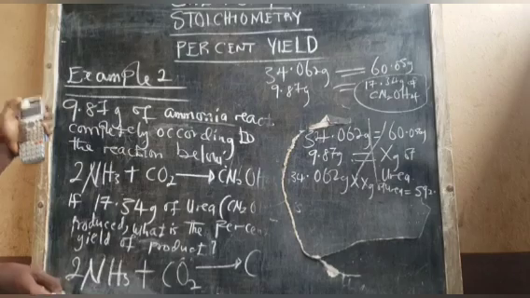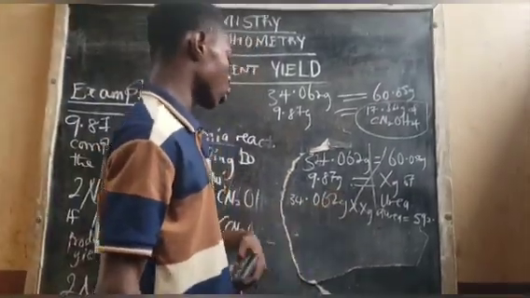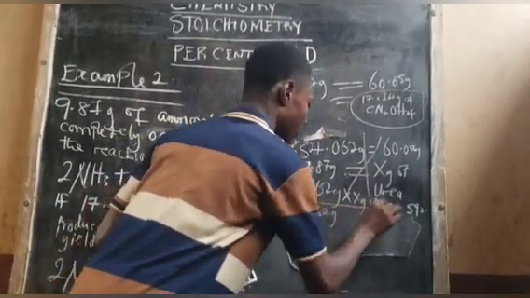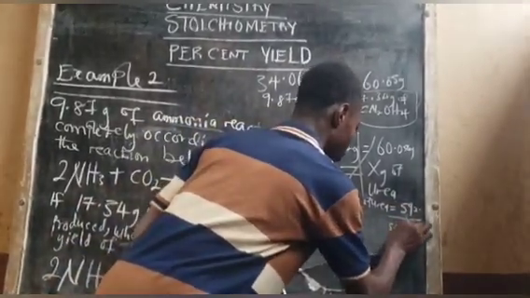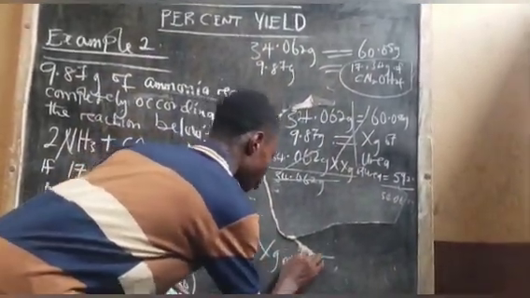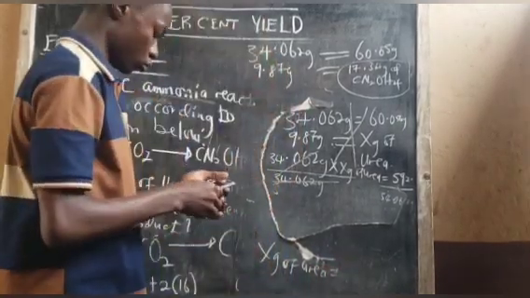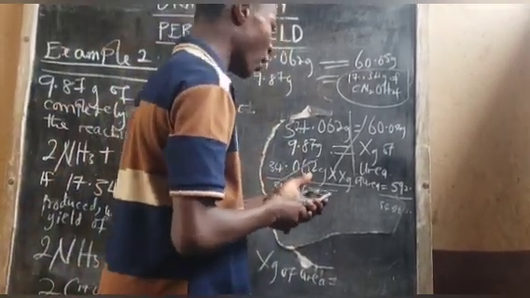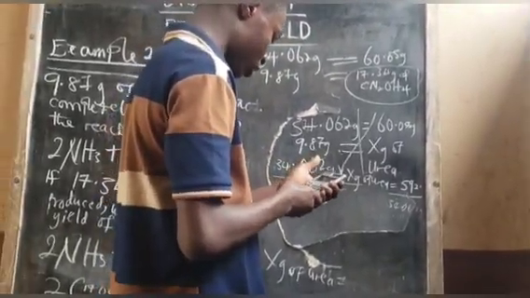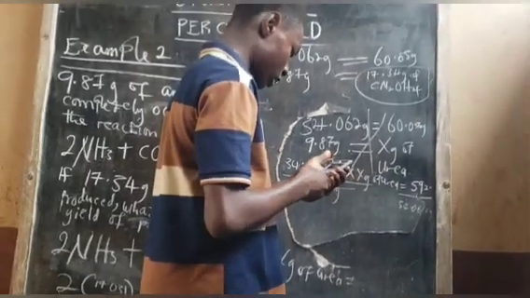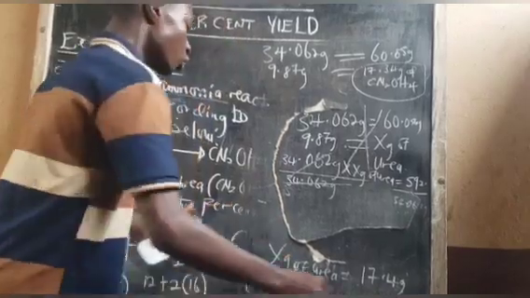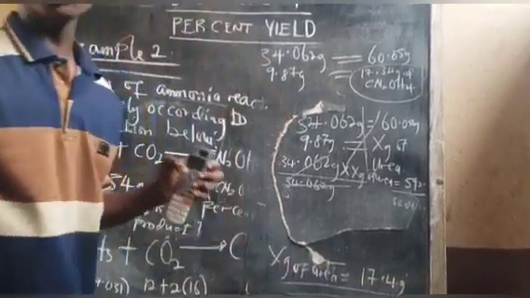Now, I want to make x gram of urea the subject. I will have to divide both sides by 34.062 gram. This will cancel this. So my x gram of urea will be equal to 592.75 divided by 34.062, which gives me 17.4 gram. So this 17.4 gram is our theoretical yield.